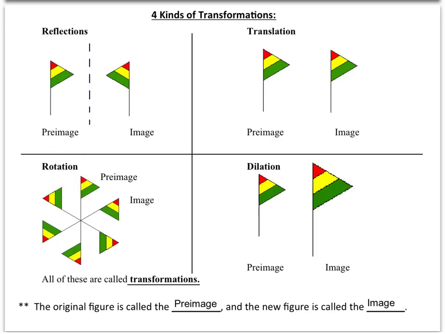A rotation rotates around some central axis. So we have this point in the center, and the pre-image, the first original figure, is now being rotated around that central point. And then finally we have the dilation, which basically takes your original image and blows it up. Think of when you go to the eye doctor and you get your eyes dilated, they get larger.